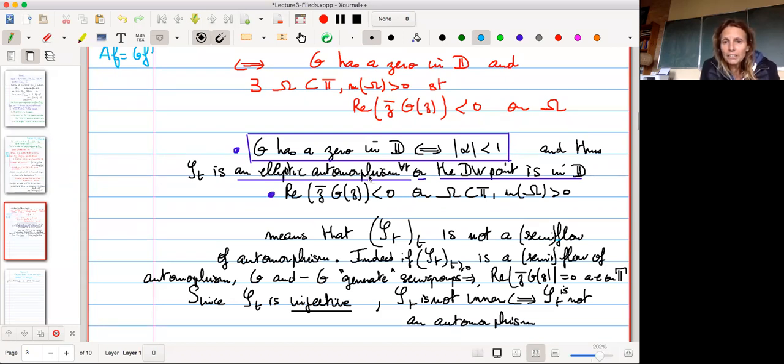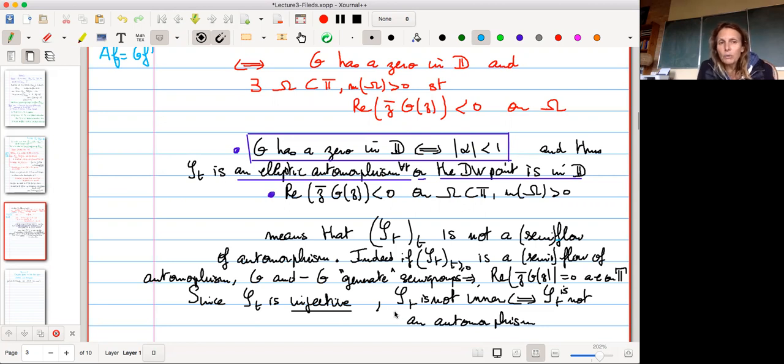And why is it equivalent to the existence of a limit? In fact, I mentioned at the very beginning that all the semiflows are automatically injective.